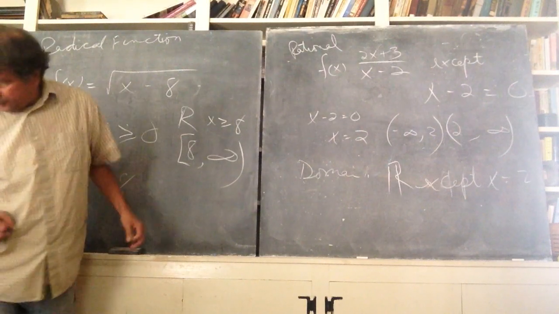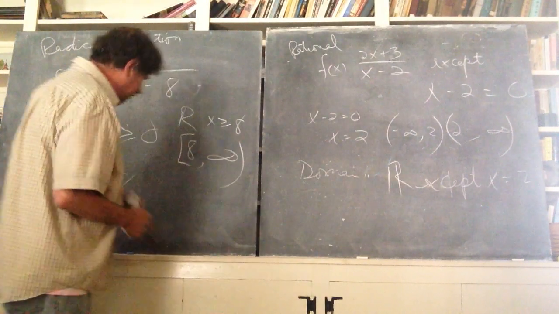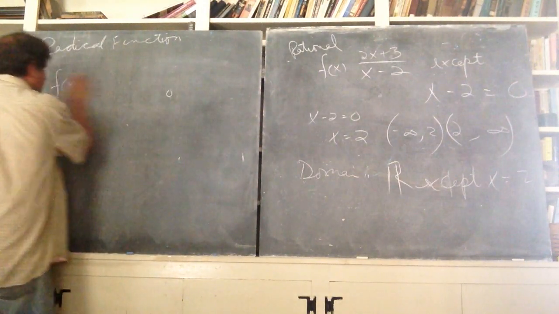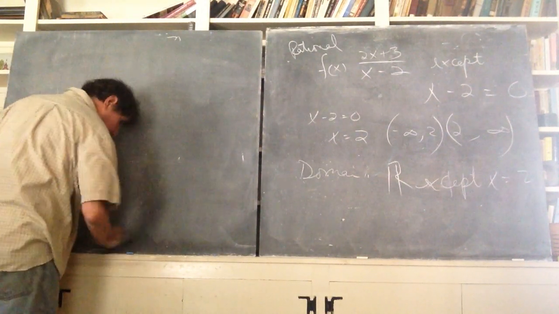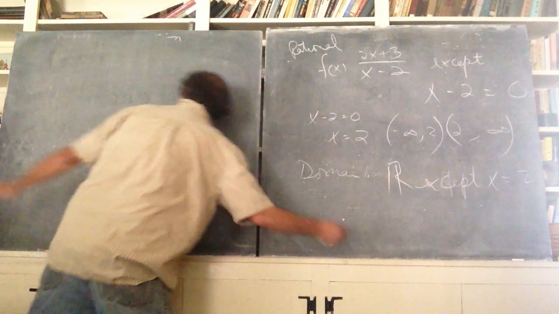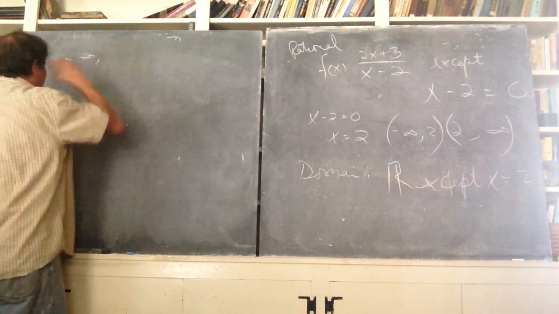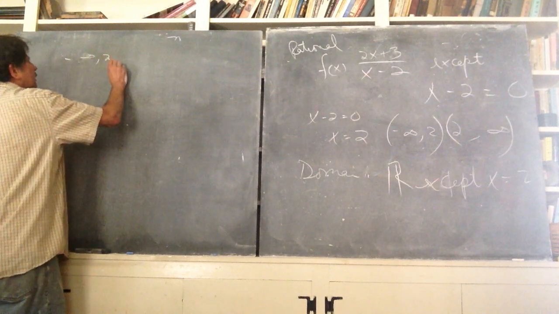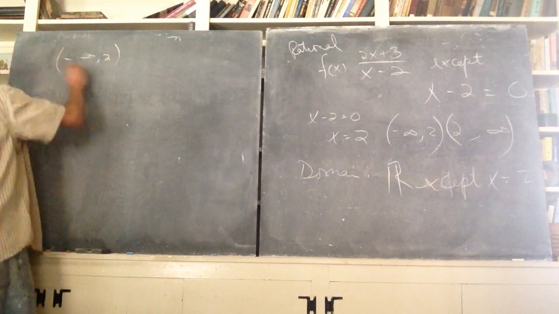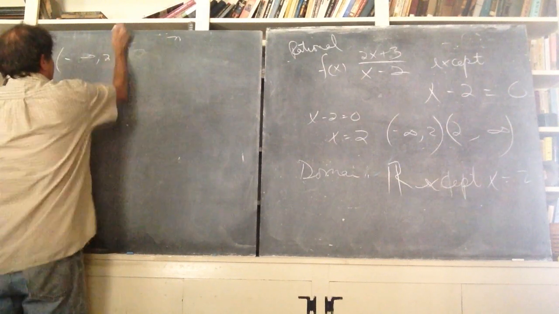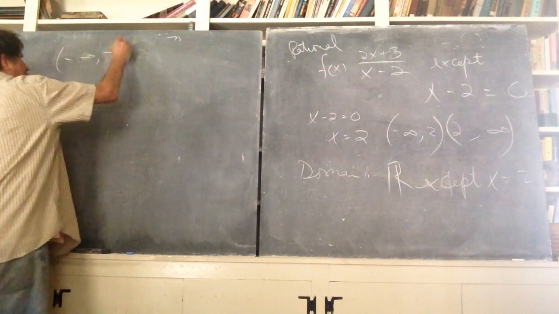Oh, good. Set builder notation. I should just mention this. Suppose you have a domain from negative infinity to 2, and then from 2 to negative infinity to 7.